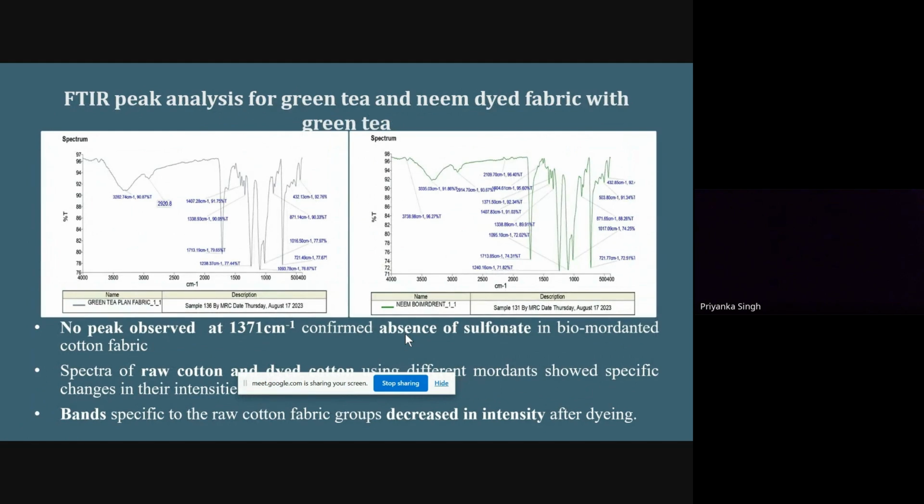For the green tea and the neem dye that is associated with the green tea, we have got a very similar type of FTIR peak for both cases. But in the case of the neem extract, we have got a very specific peak across 1371 and 1407, which shows the presence of the specific CH and the keto group also.